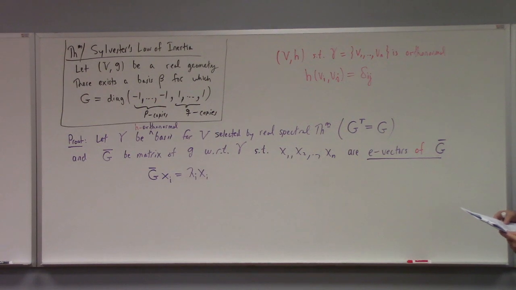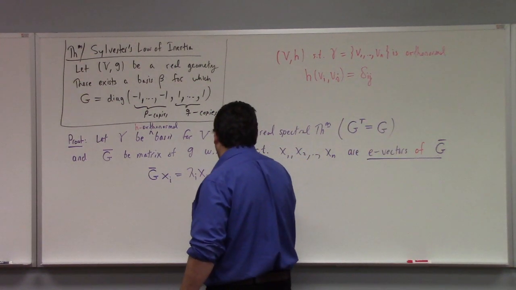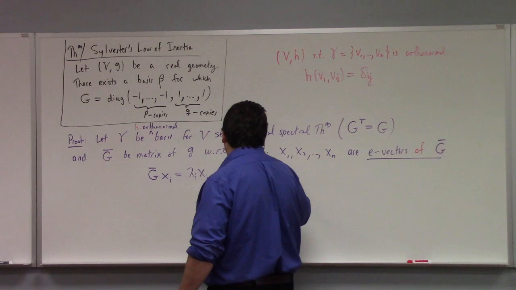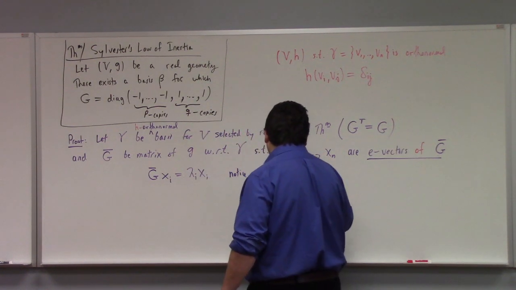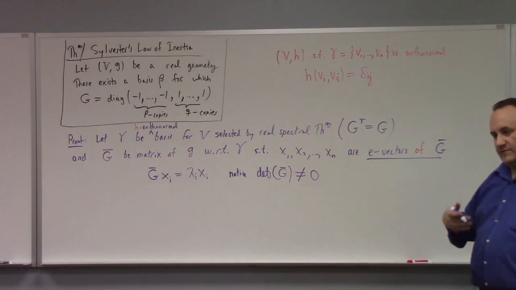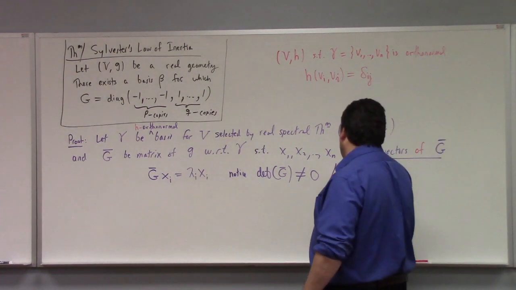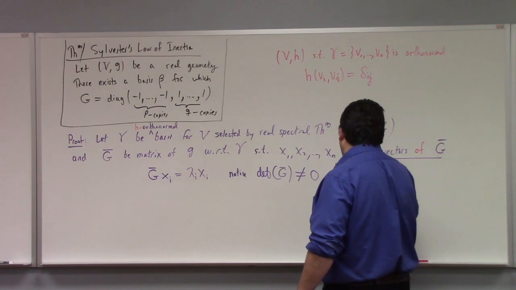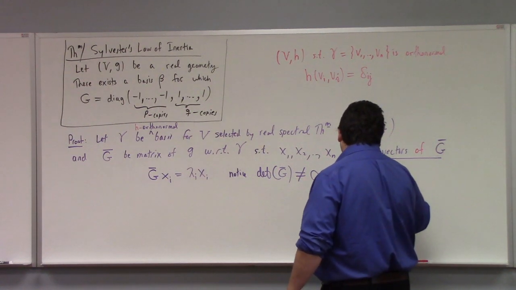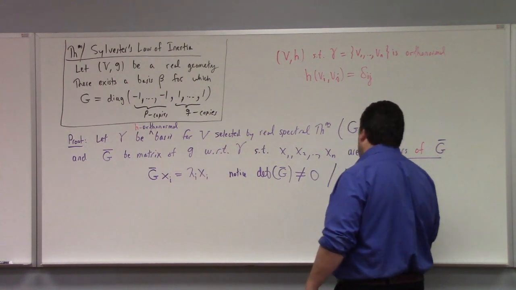All right, so far so good, I think. And then notice the determinant of G bar is what? It's not equal to 0, because we assume it's non-degenerate, but we also know it's the product of the eigenvalues.